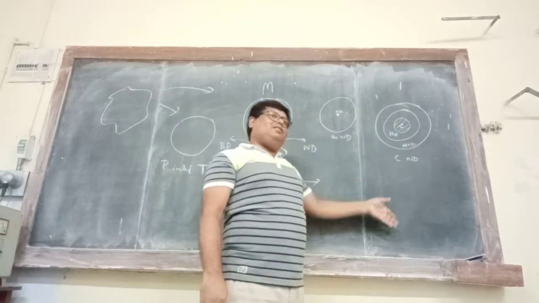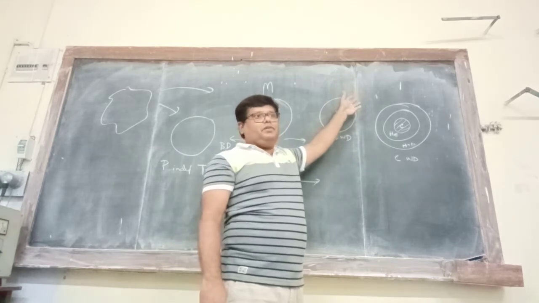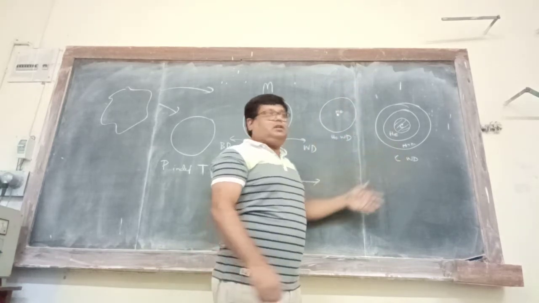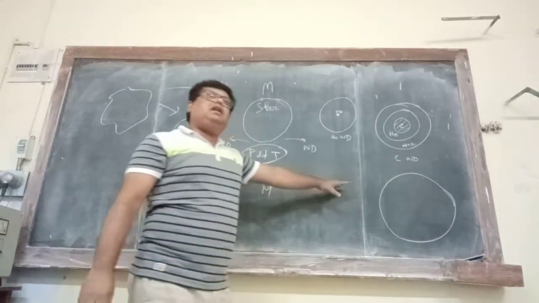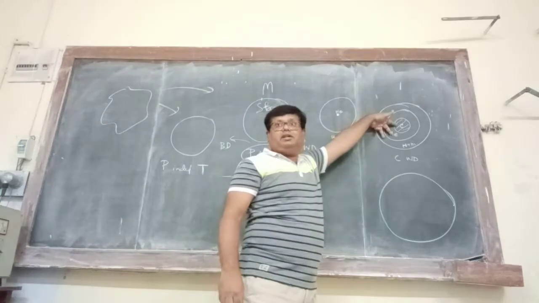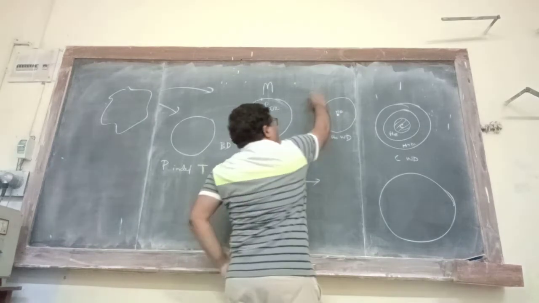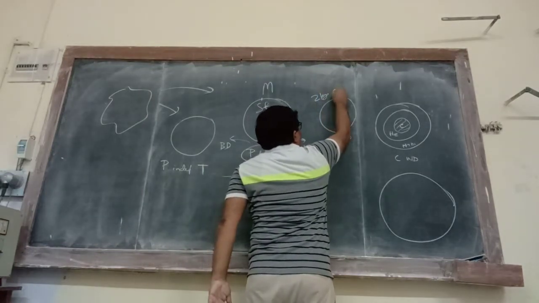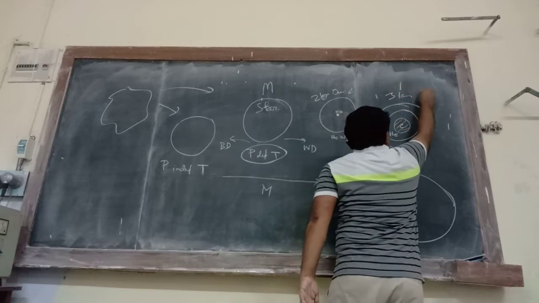Now, if this process continues, where will it end? What is the maximum possibility? The maximum possibility is a star which has a very large mass. Here we have a 2 layered onion structure, here we have a 3 layered onion structure.